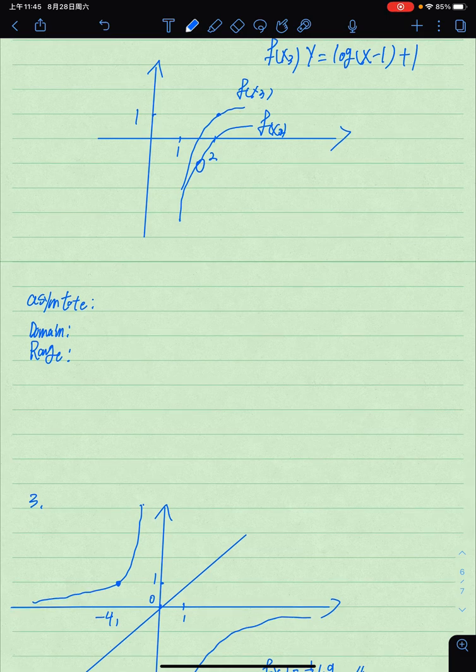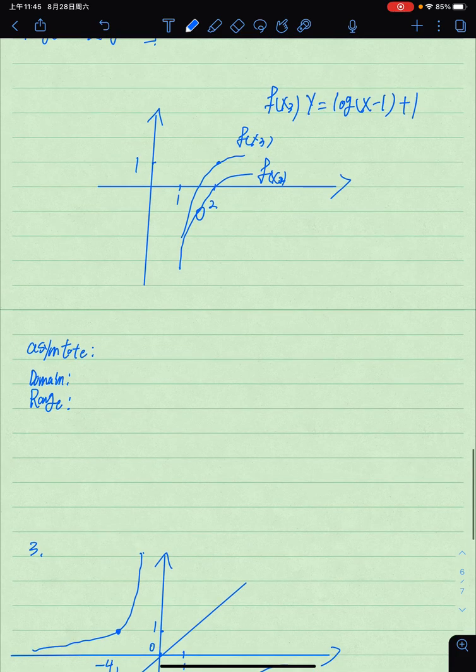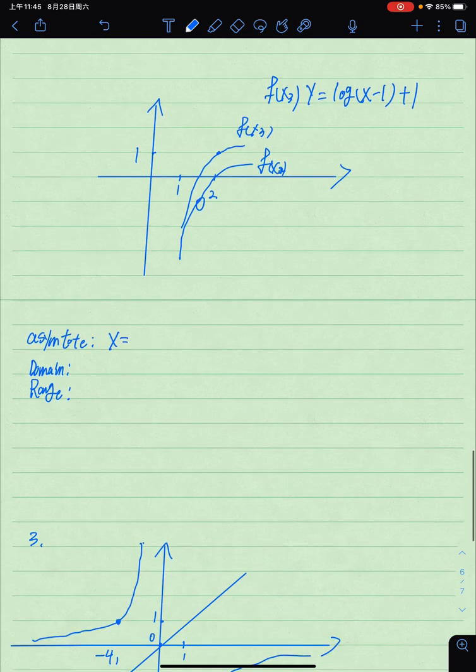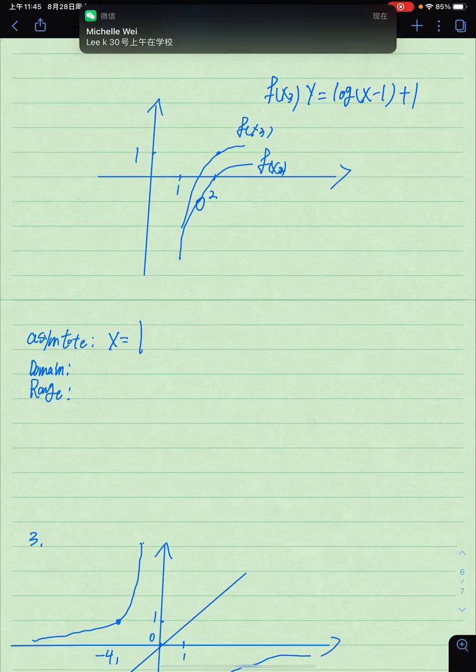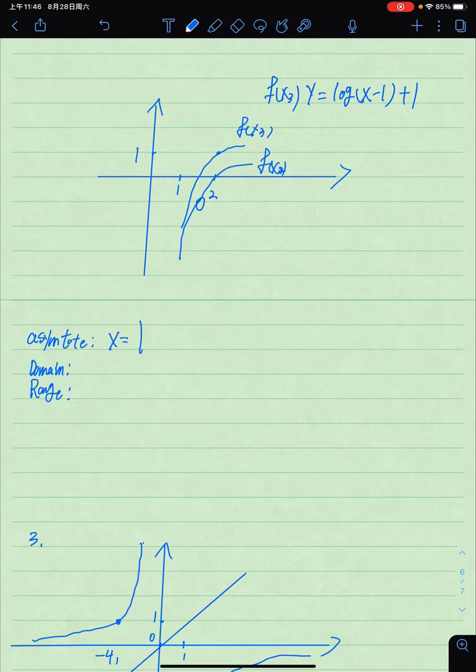The asymptote, sorry, the asymptote didn't change here. The asymptote is still x equal to 1. The domain here is not changed. The domain is still x greater than 1 and x belongs to real numbers.